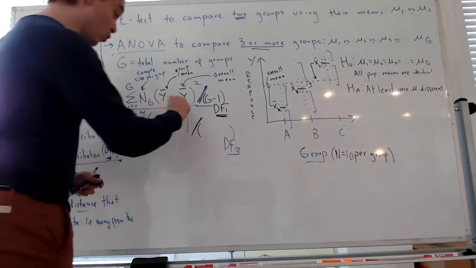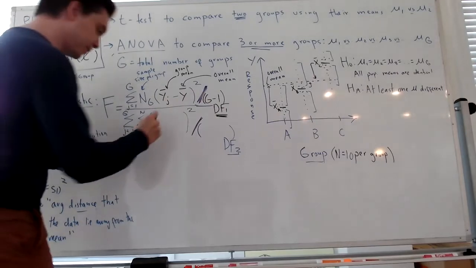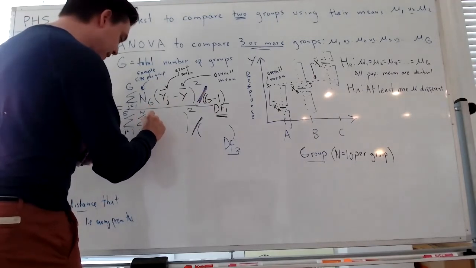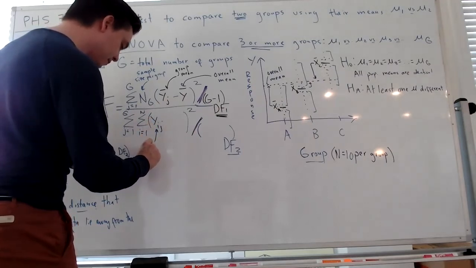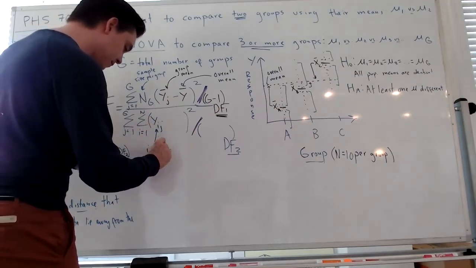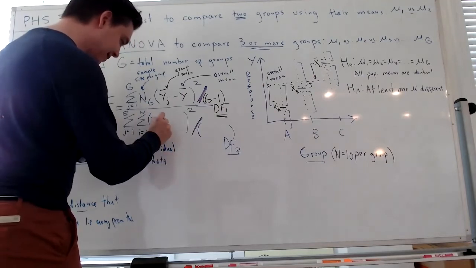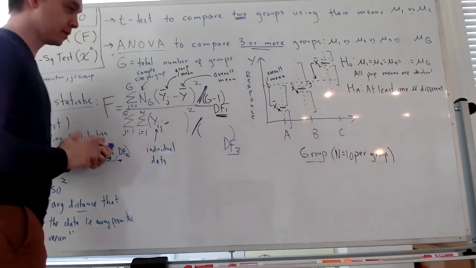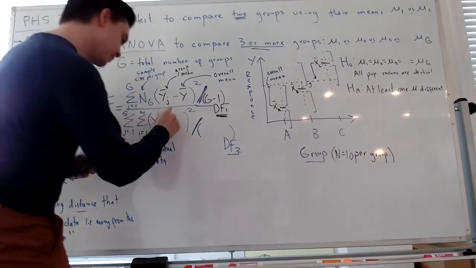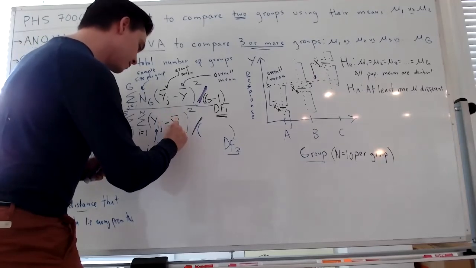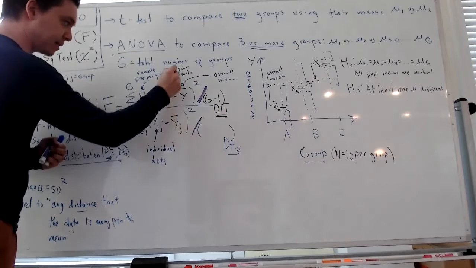Well, we're summing the squares of, all right, here is my individual data, minus the group means.